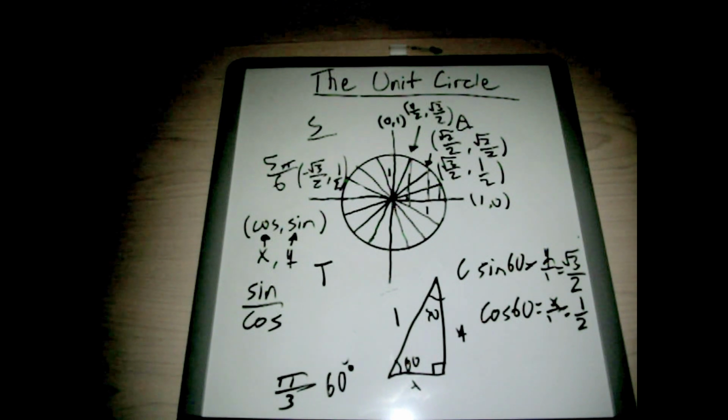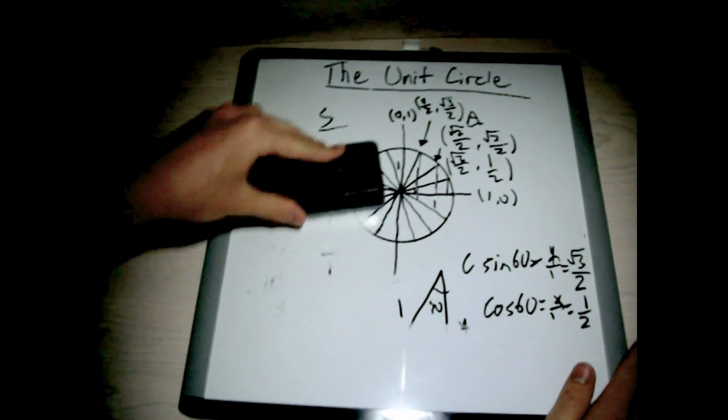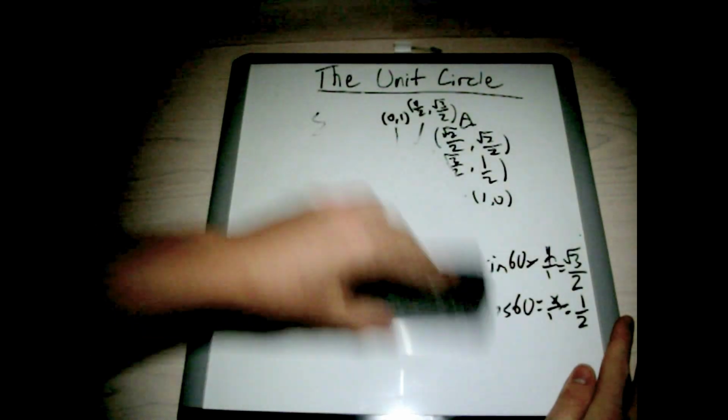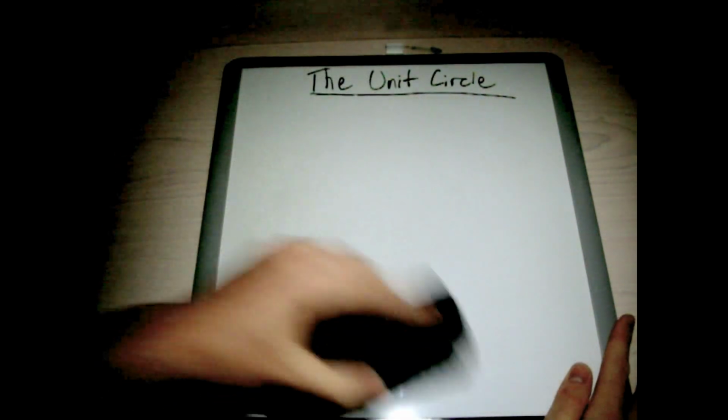So one vocabulary term you're probably going to hear when using the unit circle is the term coterminal angle. And all that means is that it's a different angle, but it has the same coordinate, same points.